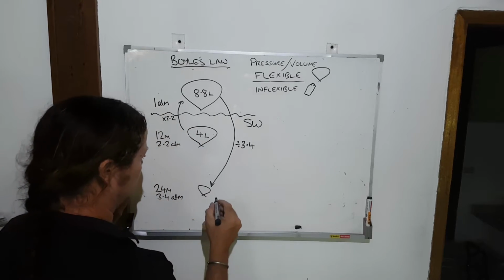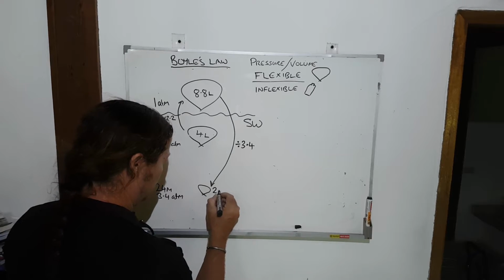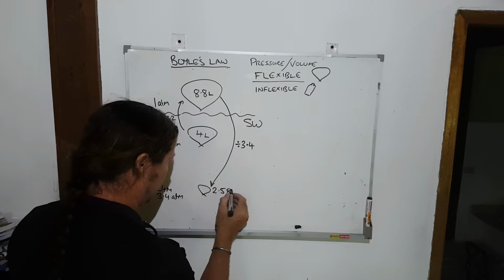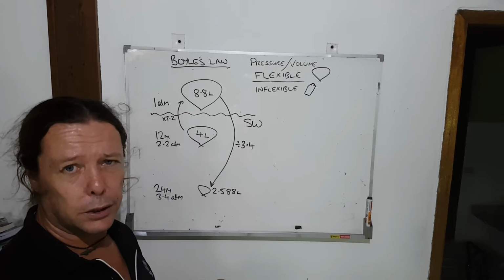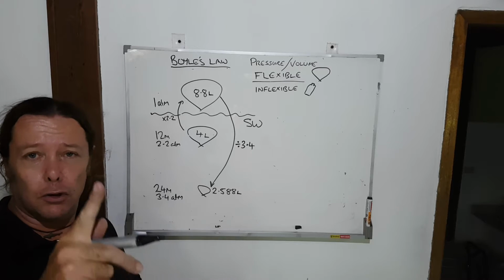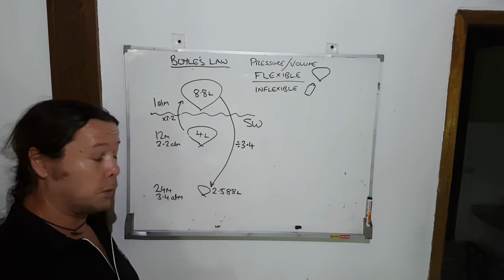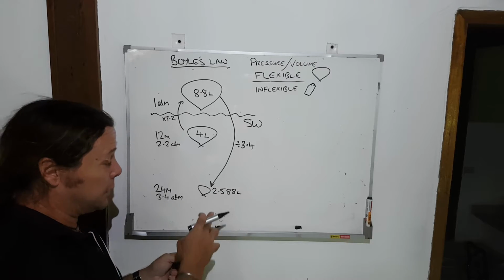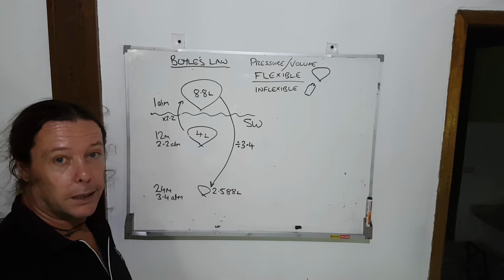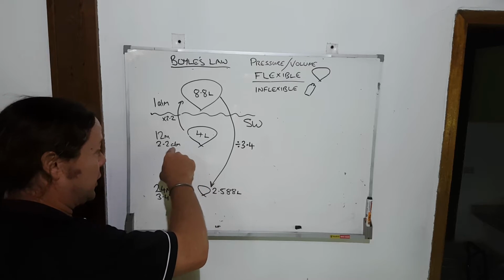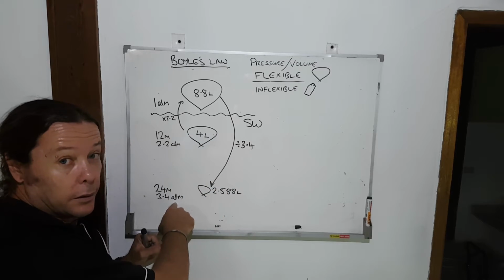I'll keep all those numbers for a moment. 2.588 litres. And now I look at my question, and it may say to me round to 1 decimal place, which will be 2.6, or 2 decimal places, 2.59. I think you'd agree, very, very simple. It's getting this much bigger, then this much smaller.